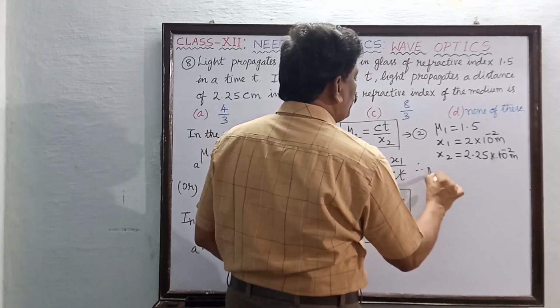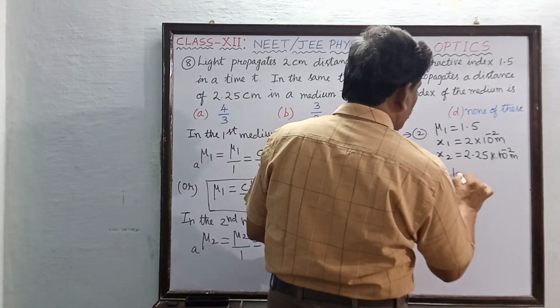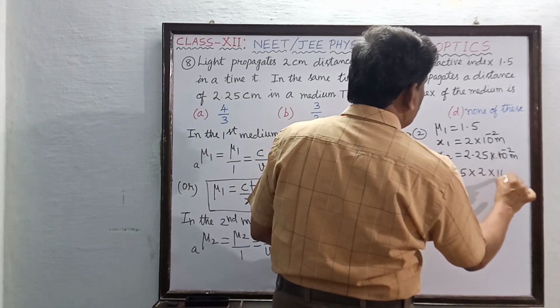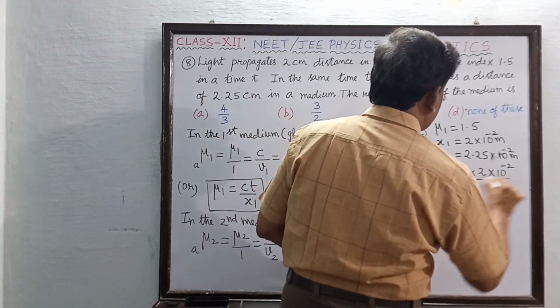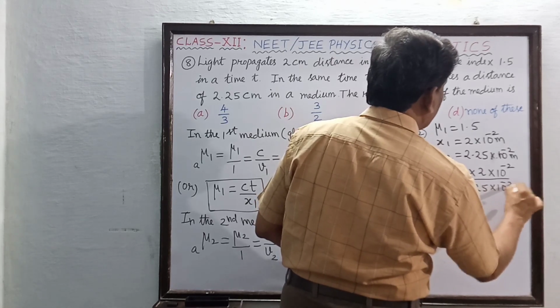Therefore mu2 is equal to 1.5 multiplied by 2 into 10 power minus 2, divided by 2.25 into 10 power minus 2.